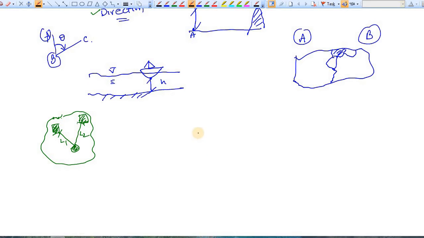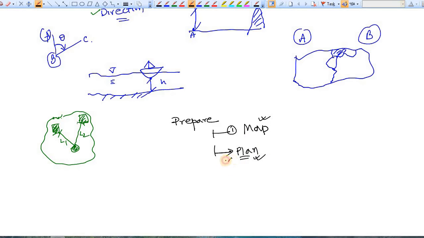So for civil engineer, the main purpose of surveying is to prepare, first one is map and second one is your plan. Now what is the basic difference between a map and plan?